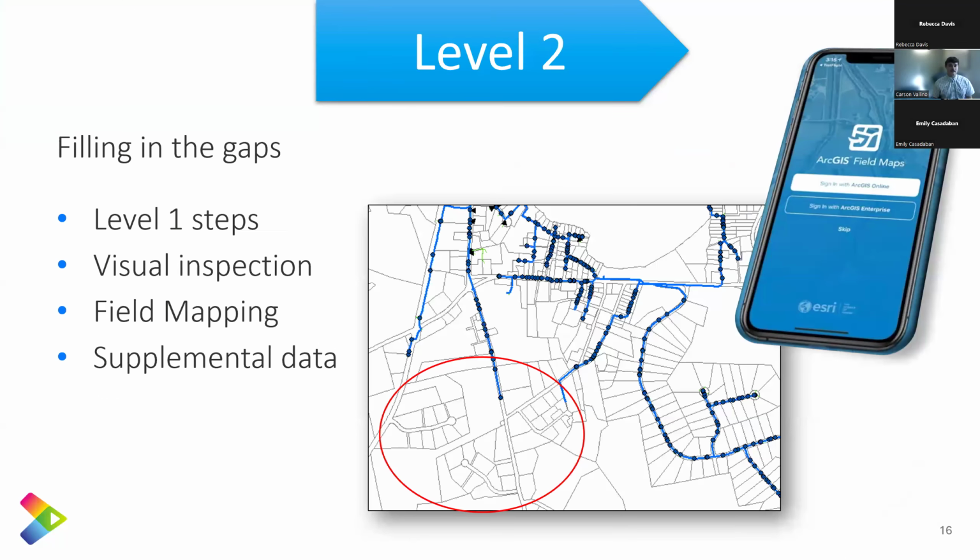Let's say you've already done that and you've got things in GIS, you've got your schema all set up so you know what you want to have in your data. We can also support in filling in the gaps, if there's any areas that have been updated since you've done that, but you don't have a good system of data governance to maintain these utility assets. That's something we can support as well. We can also set up some field mapping.